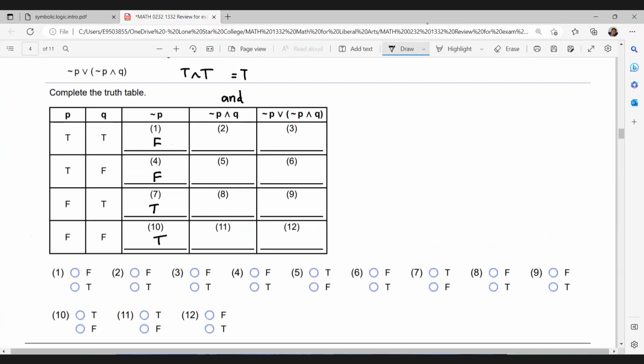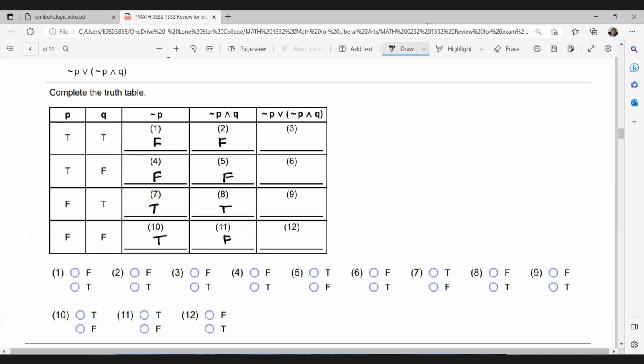That is the only way that anything in this column will be true, if we have two truths right next to each other. So right now that will be false, that will be false, this will be true, and this will be a false. The reason why is because we had two truths, and that's the only way a conjunction is going to be true. And let me erase this so that I don't get confused.